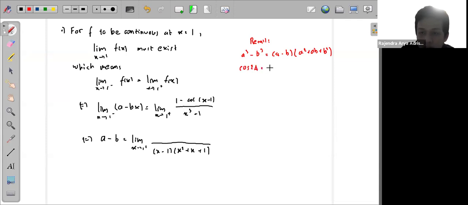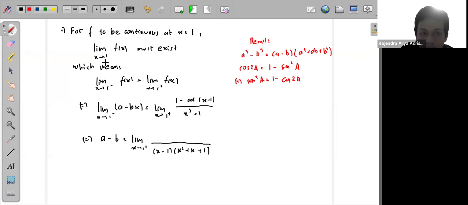When we have cos 2a, say, that equals 1 minus sine square a. So that means we have sine square a equals 1 minus cosine 2a.